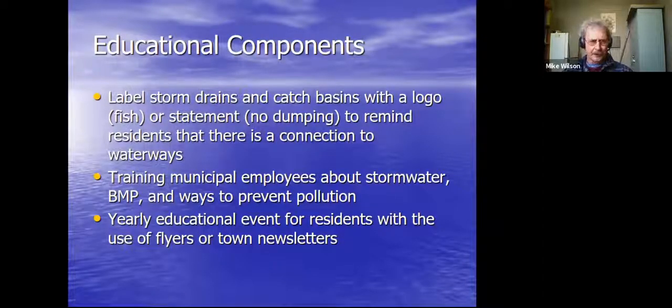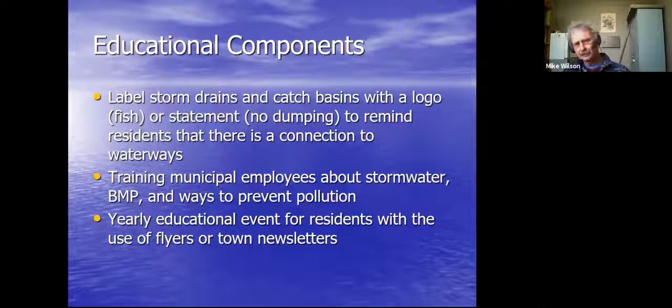What are the educational components that are critical? One of them is to make sure all your storm drains and catch basins are labeled with a logo. Generally, it's a fish. It reminds residents that there is a connection to a waterway. Whatever goes down that storm drain is going into your waterway, and it will affect the water that you recreate in, and it will affect your drinking water.